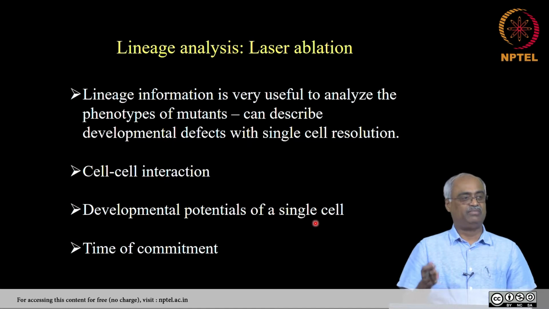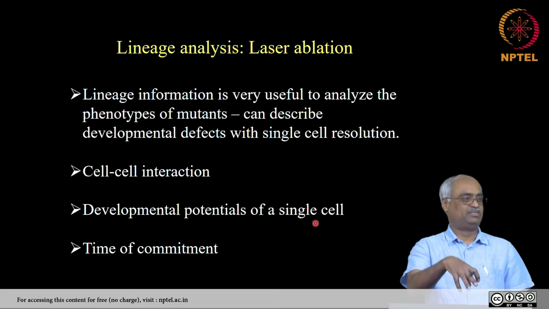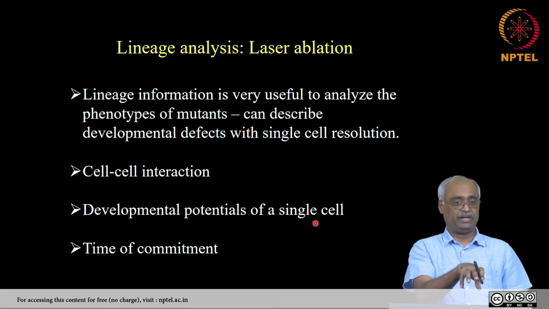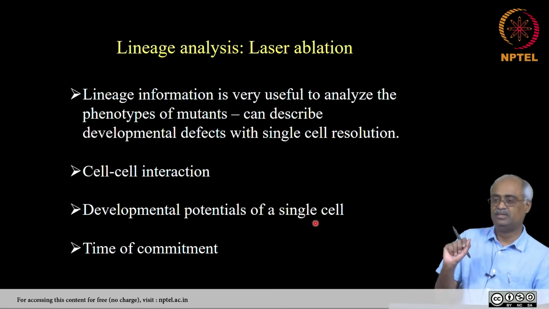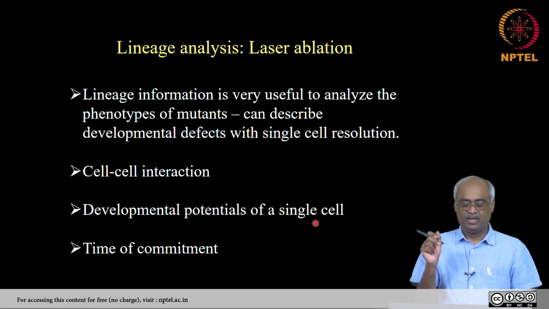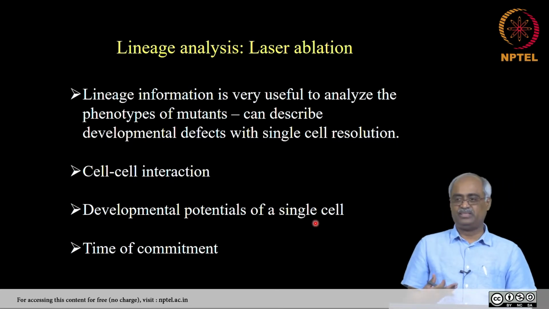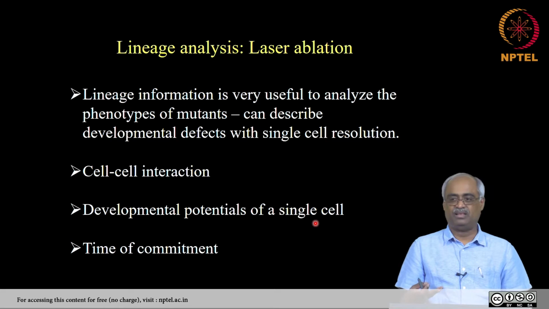For example, a given cell might develop into muscle when the normal neighbor is present. The normal neighbor could have induced it, remember the induction that we learned when we learned the 3 germ layers. If that neighbor is not there, what is the default potential of this cell?